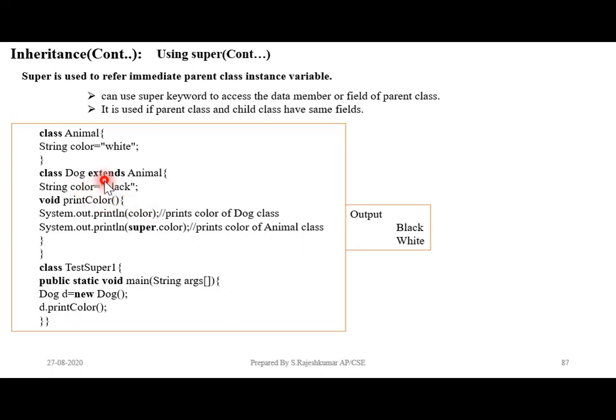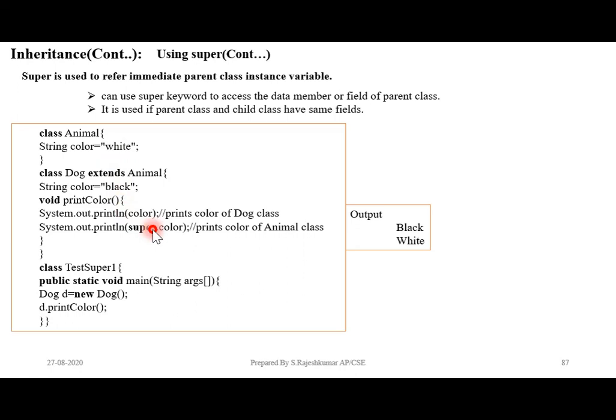So if I want to print the superclass color, how can I do it? In order to access that, I would have to create an object for Animal, and the object would be used to call this color. But instead, I can use the super keyword. Instead of creating a reference variable using the object, I directly use the super keyword, which automatically refers to the base class.